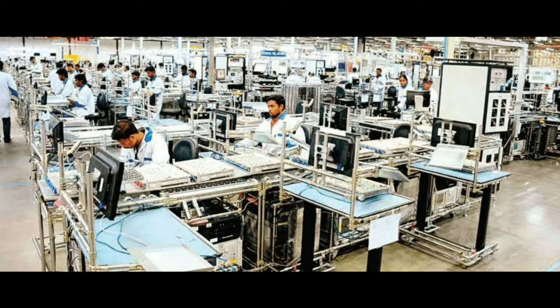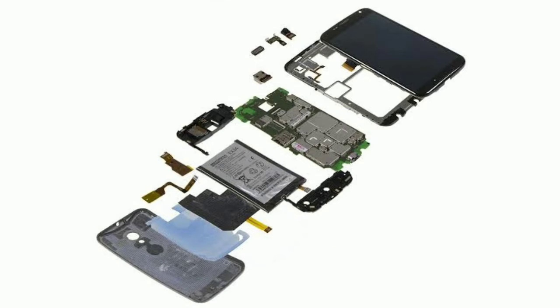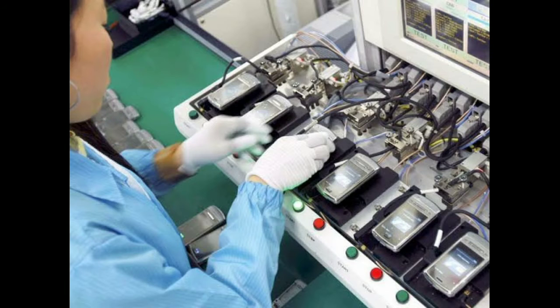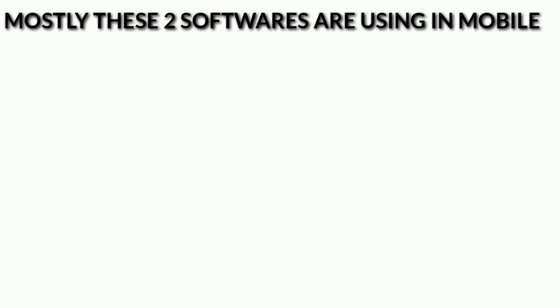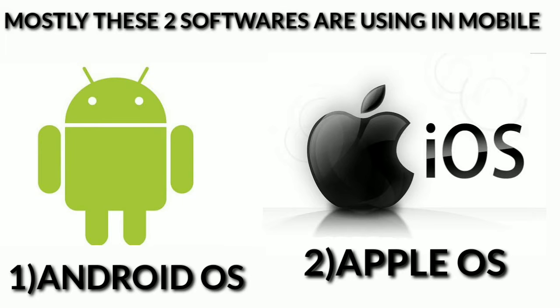After designing, they'll go for software development. A team of software developers choose suitable software for the mobile. The companies choose which software they want to develop in the mobile. There are mostly two popular softwares nowadays: Android operating system and Apple operating system.